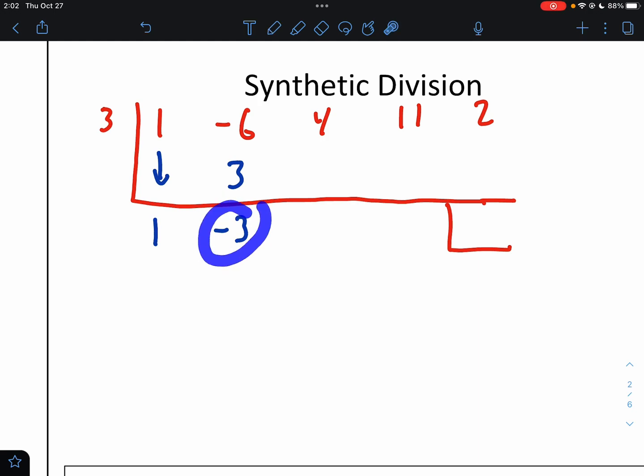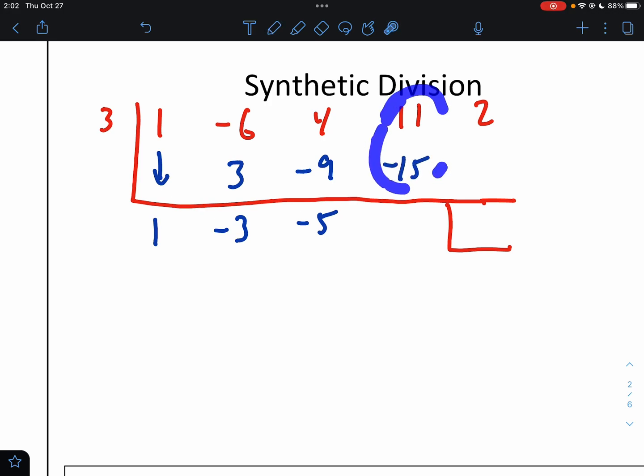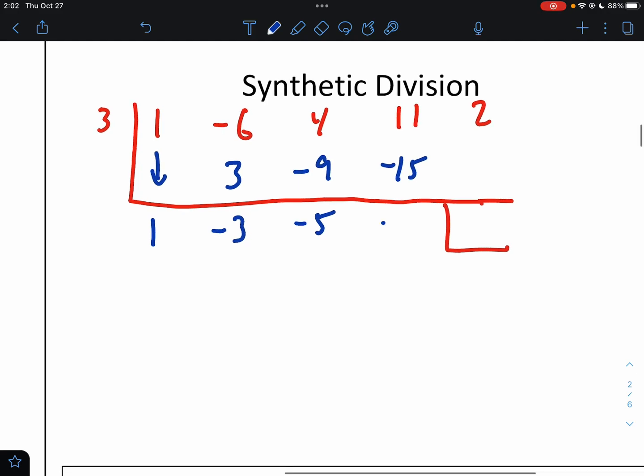Then you multiply these numbers to get -9. Add these together to get -5. Multiply these to get -15. Add these to get -4. Multiply these to get -12. And add these to get -10.